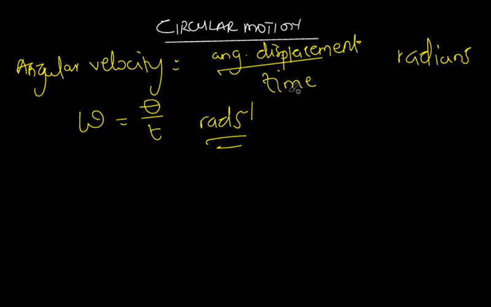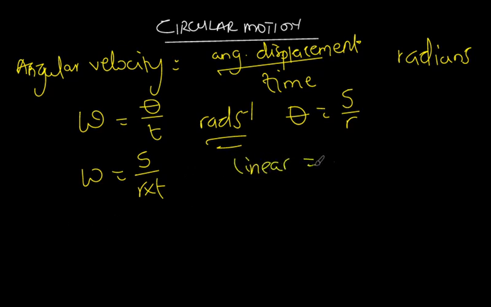But now let's look at something. We saw earlier on that angular displacement is the arc distance divided by the radius of the circle. So if we make the substitution over here, we will have angular velocity equal to the arc distance divided by the radius times the time. Now we know from linear motion that distance divided by time is the normal velocity that we know.